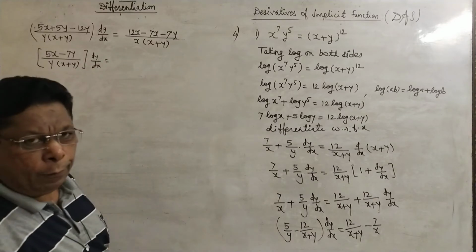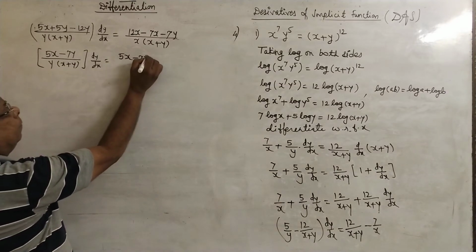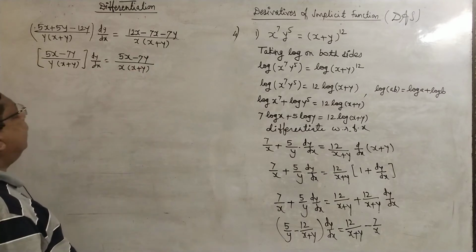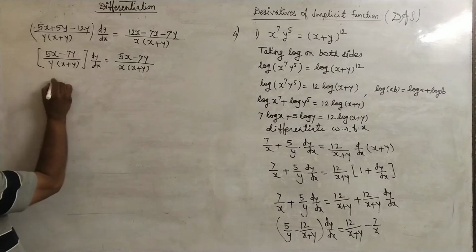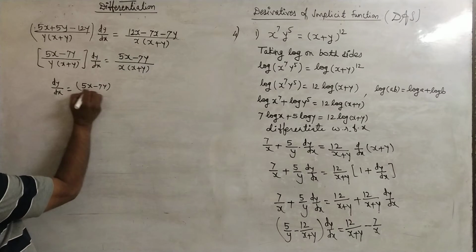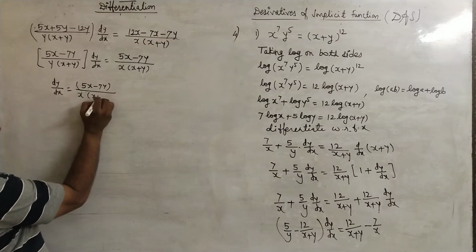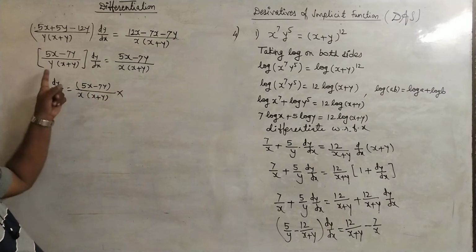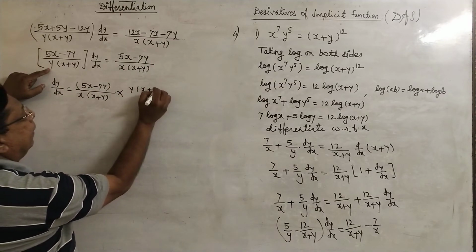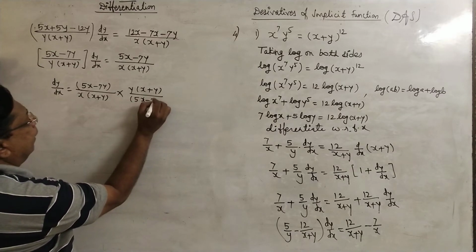Here 12x minus 7x is 5x, minus 7y, upon x into x plus y. Now take the cross multiplication. dy by dx is equal to 5x minus 7y, numerator as it is, divided by the denominator x into x plus y. This denominator goes to the numerator, so it is y into x plus y, divided by the numerator goes to the denominator, 5x minus 7y.